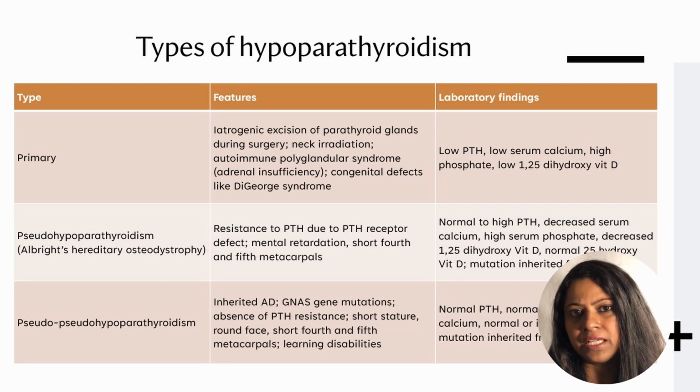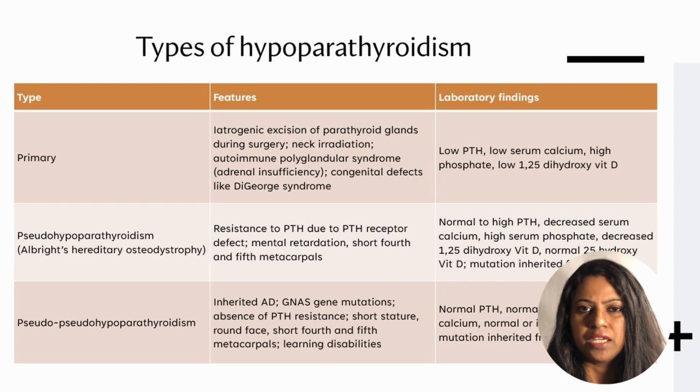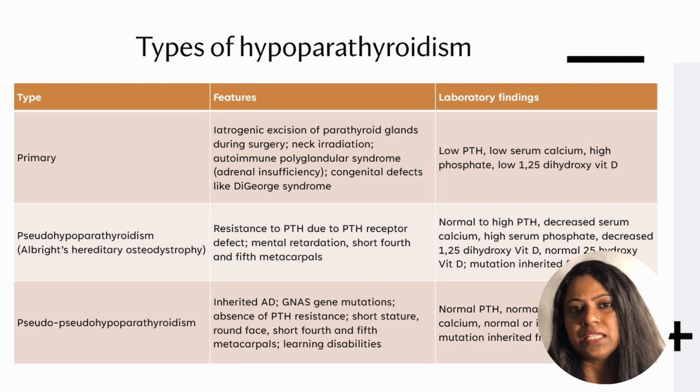The laboratory findings in both types may show varying levels of PTH, serum calcium, and serum phosphate. More often, the PTH is normal or high rather than low. The serum calcium is normal or it may be low, and the serum phosphate is more likely to be elevated.